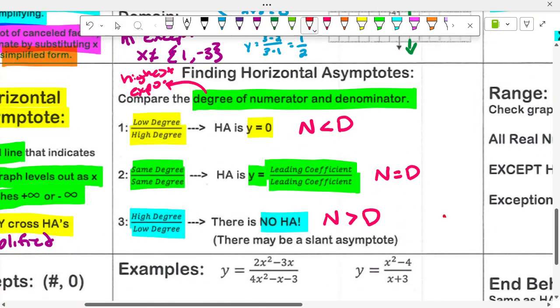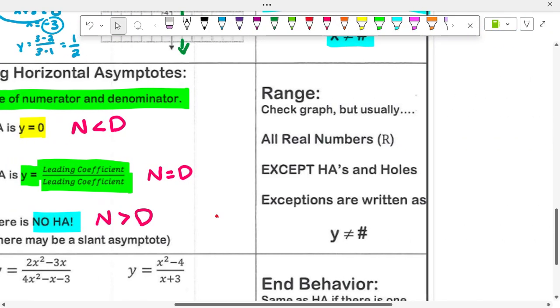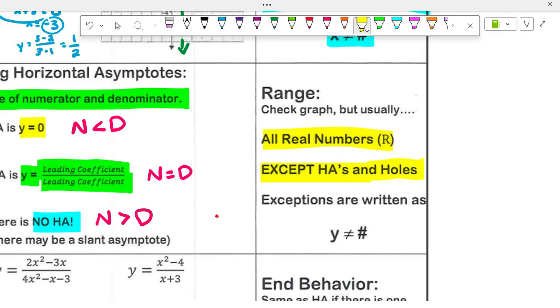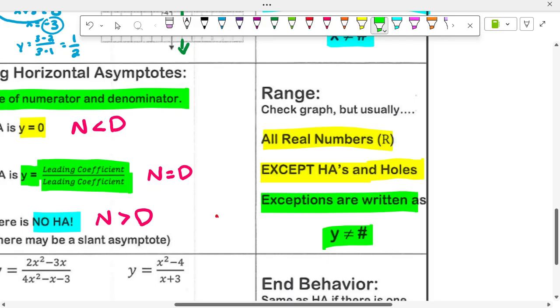Now, from there, we can get our range. Range is easy because it is simply all real numbers except wherever the horizontal asymptote is and the y value of the hole. So we can write the range as all real numbers except y cannot equal the horizontal asymptote and the y value of our hole.